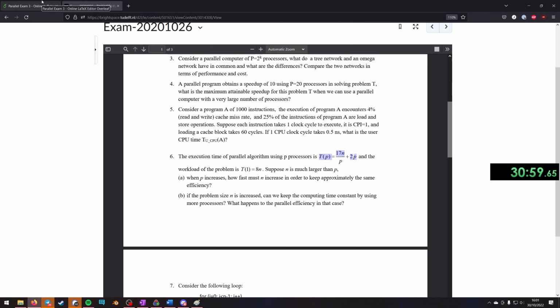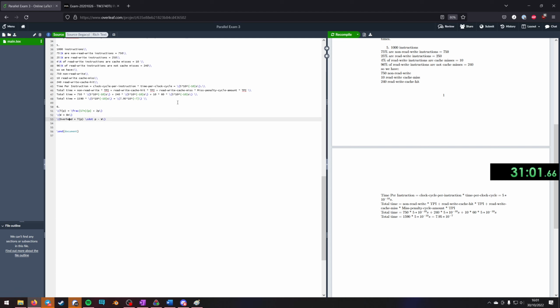W is 8n. So overhead is this thing, C dot P minus 8n.